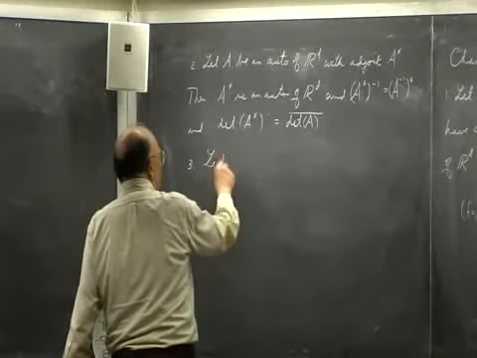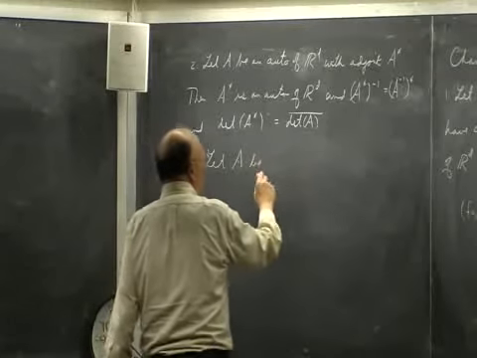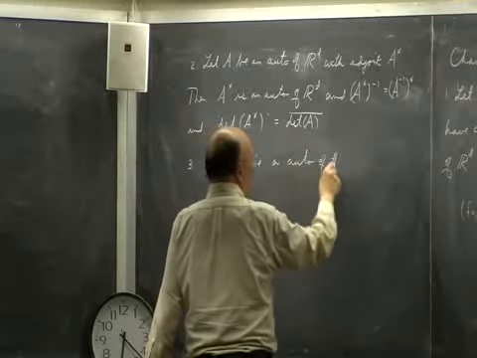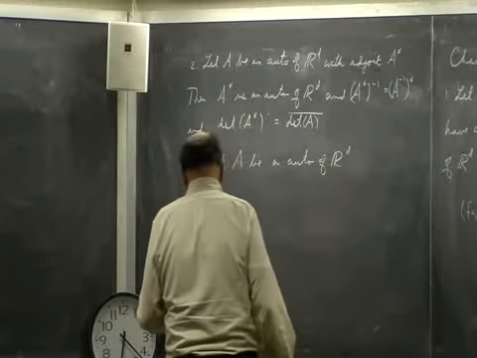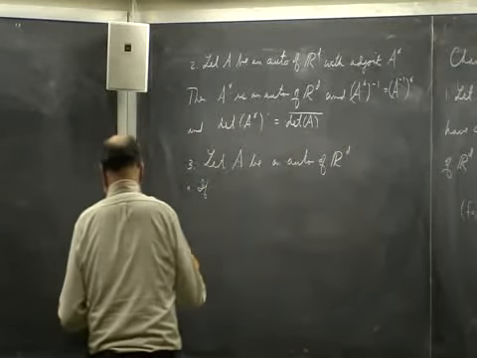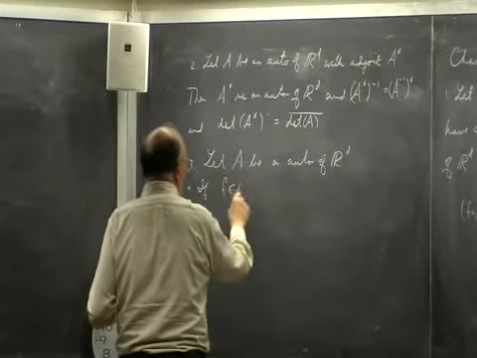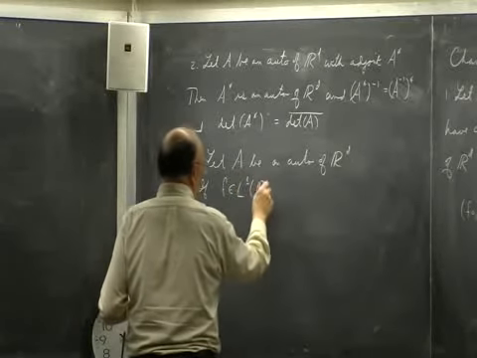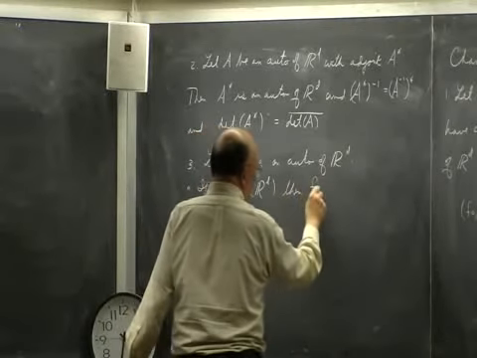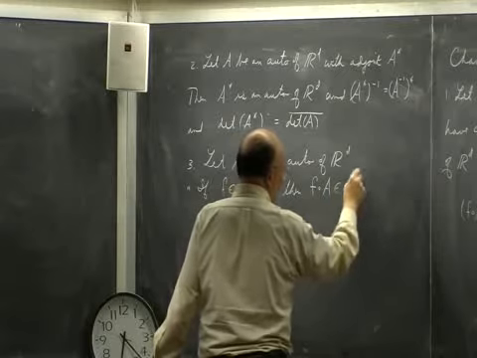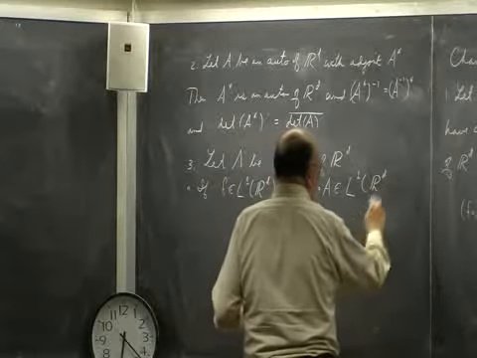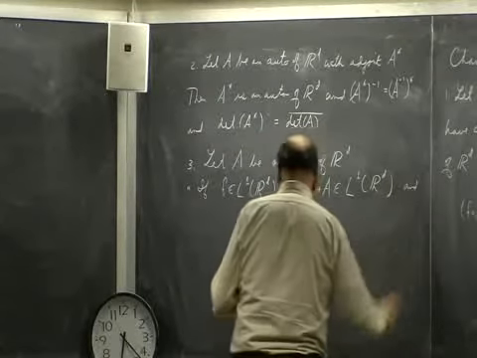so let A be an automorphism of R^D. If F is in L1 of R^D, then the composition is also in L1 of R^D. And we have a nice formula. If we have something in L1, we can take its Fourier transform.